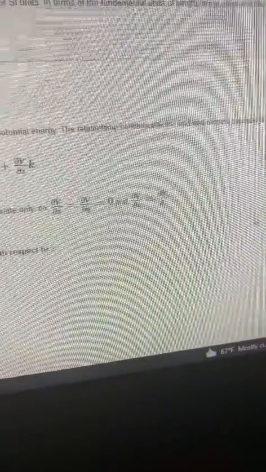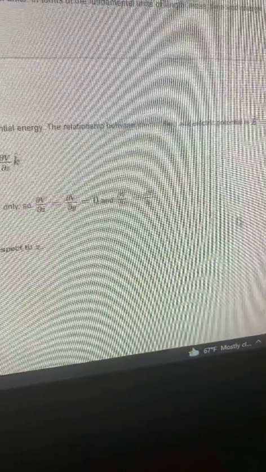So the partial derivative of V over x means the derivative of V with respect to x, holding all other variables constant. Consider again the electric potential V equals negative Ez corresponding to the field E equals Ek. The potential depends on the z coordinate only, so the derivatives of V over x and over y equal 0, and the derivative of V over z equals dV over dz.